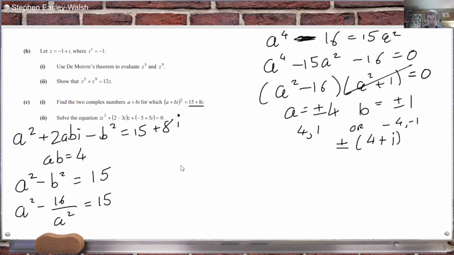Let's solve this quadratic now. Minus b plus or minus the square root.